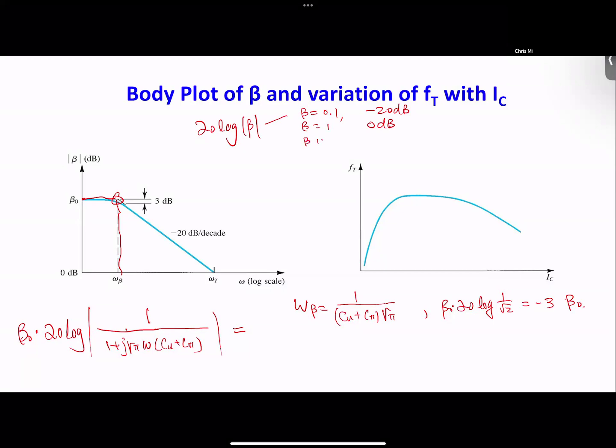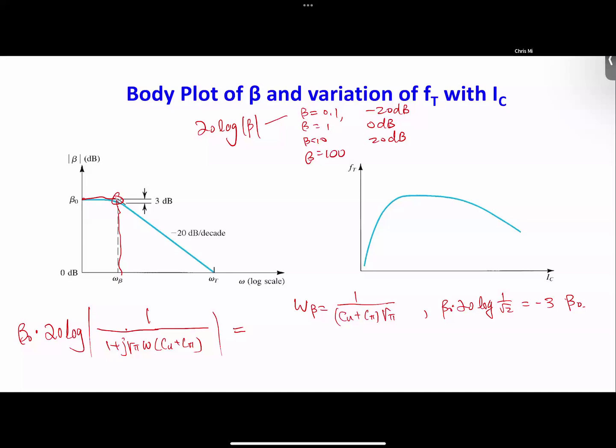If beta is 10, you get 20 dB. If beta is 100, you get 40 dB. The beautiful thing about the logarithm is that for every 10 times increase, the decibels change by 20. That's by definition of logarithm.